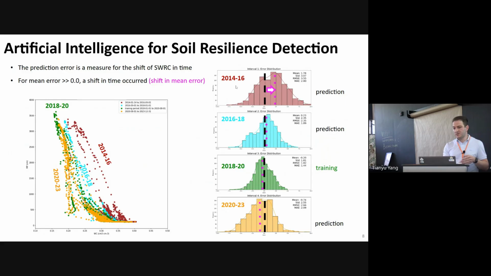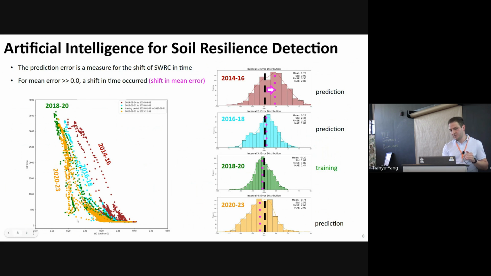For the period 2014-2016, the model says the error distribution was shifted toward the right, while the yellow one starts shifting to the left from the green one, and that's the reality.